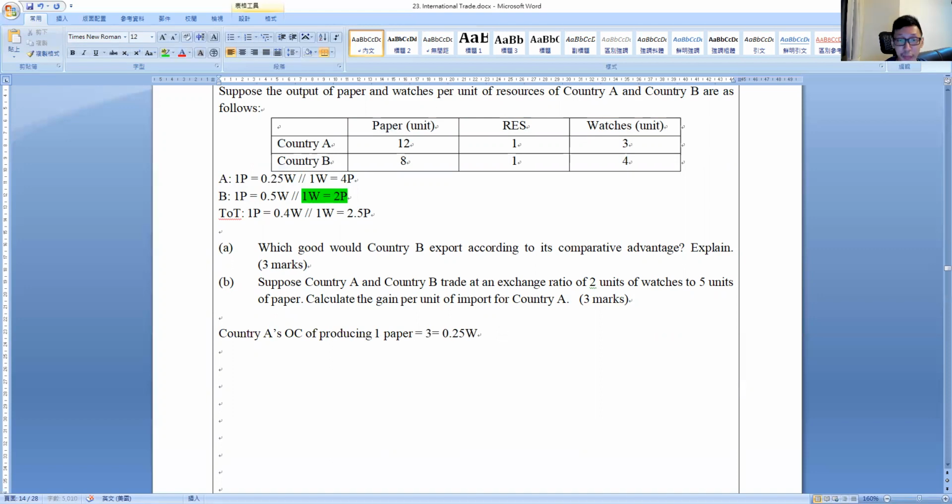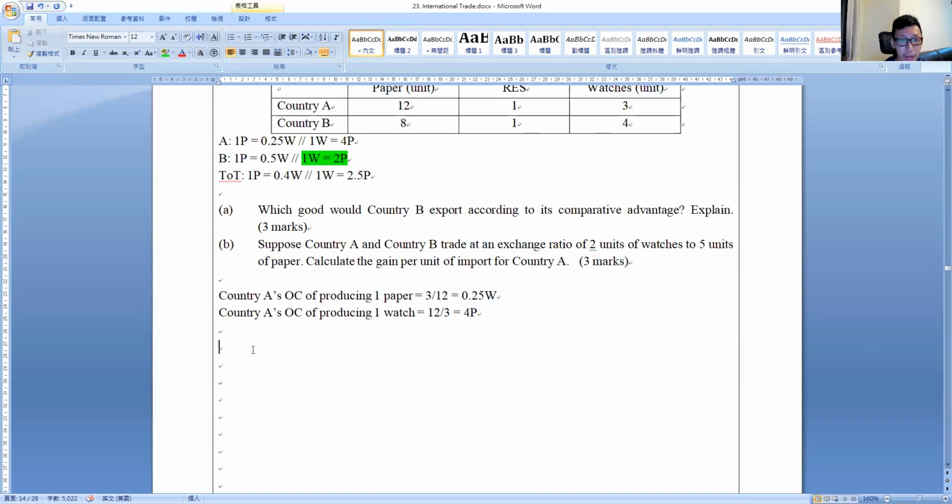It is 3 divided by 12. Then same for country B. How do we get 0.5? It is 4 divided by 8.